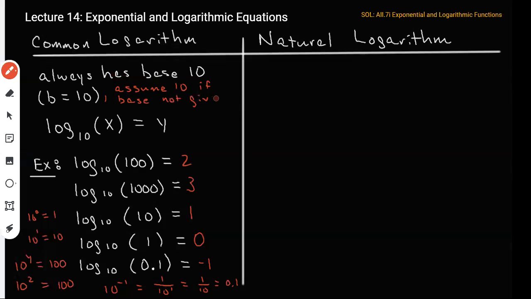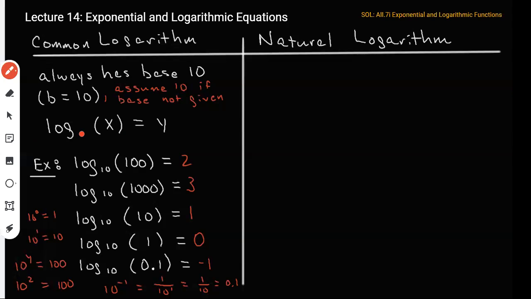So that base number is so important, but when it's not there, like if we just have log x, so if I was to get rid of this 10 right here and we just had log x, since there's no base there, you would always assume it to be a 10.